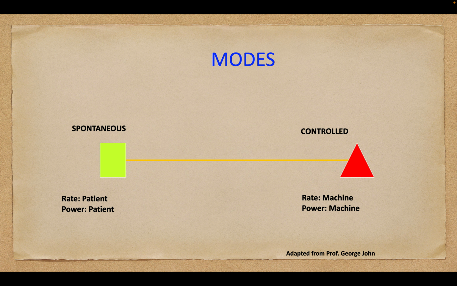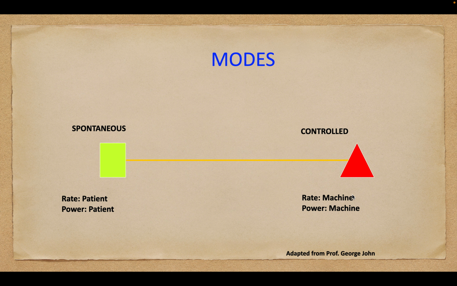Now again start with the basic understanding: remember this fluorescent green rectangle as a spontaneous breath or spontaneous mode, where the rate and the power are decided by the patient. Also remember this red triangle for the controlled mode, where the rate and the power are guided by the machine.